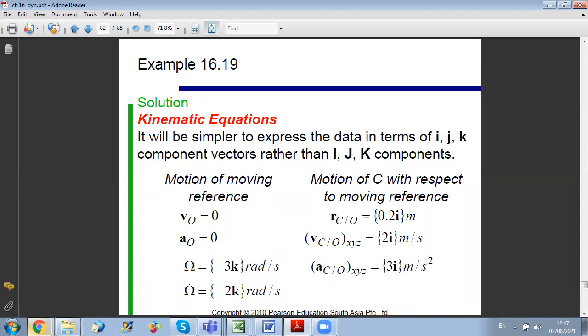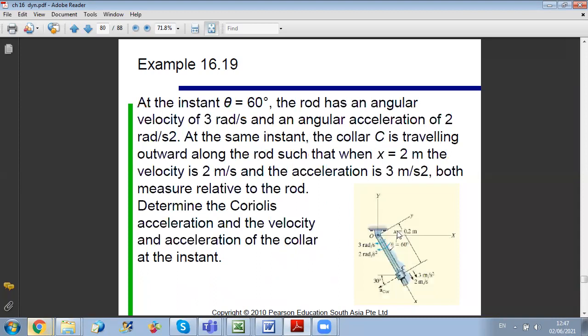We should look at the figure to know if they are clockwise or counterclockwise. If you look at the figure, both are clockwise, so both are along negative k. So omega is minus 3k and alpha is minus 2k.